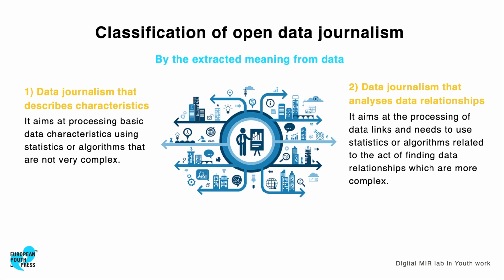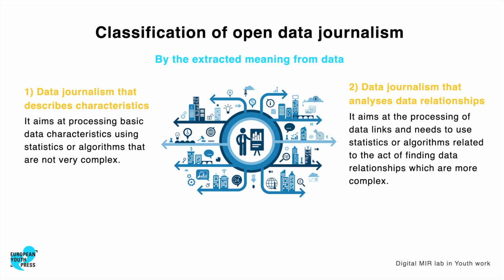Data journalism that describes characteristics aims at processing basic data characteristics using statistics or algorithms that are not very complex. It is usually used for making comparisons between different values, finding the average of data values, and so on.